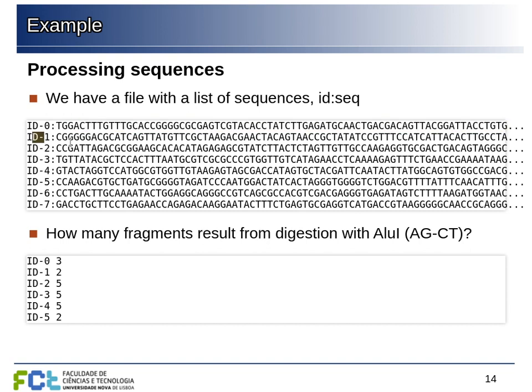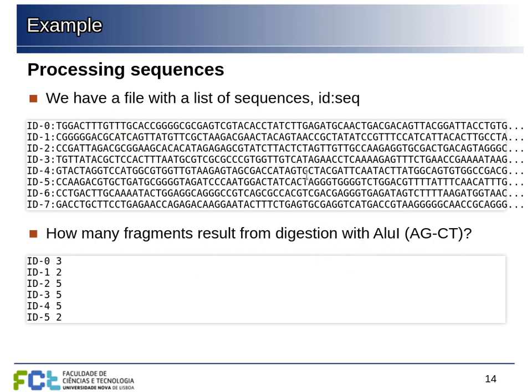Then in the second line we have another sequence, another, and so on. Now suppose that we have this enzyme, ALU1, and we want to see where it cuts, how many fragments it's going to generate for each of these sequences. So basically we want to know the identifier and the corresponding number of fragments for each of these sequences.